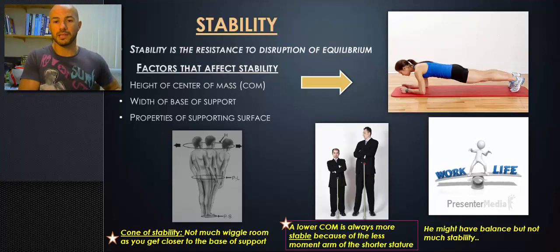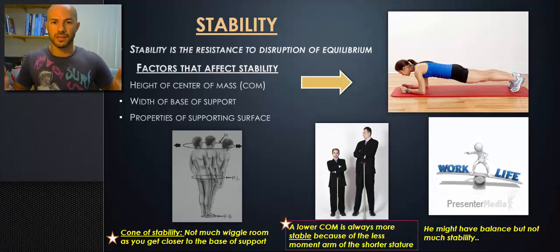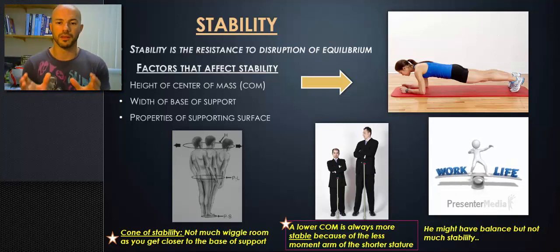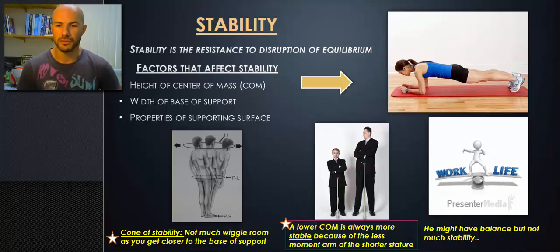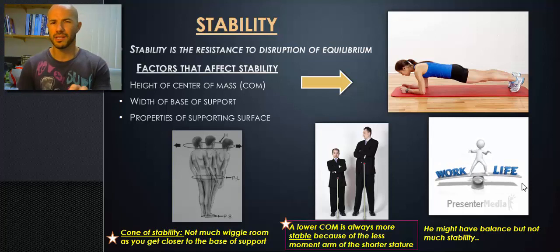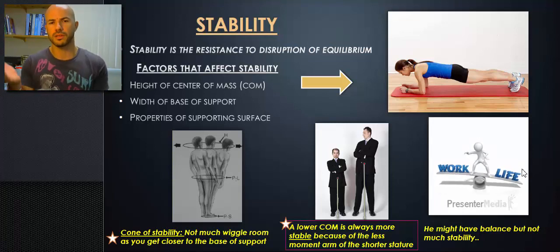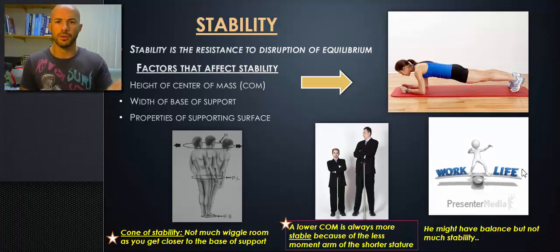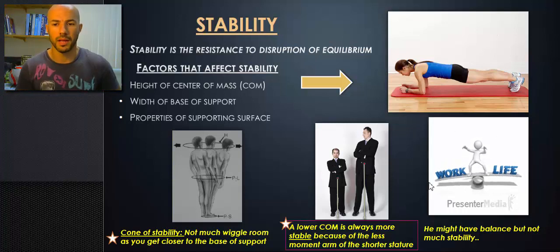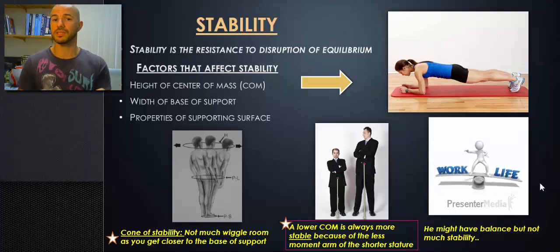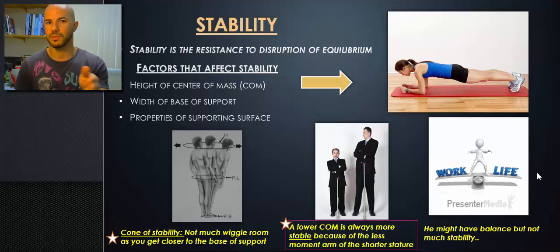Stability is the ability to resist the disruption of that balanced state. So if you remember this guy who's trying to balance work and life, he's got some balance, because the system is constantly in motion. This is a dynamic balance situation. Is he stable? He has the balance. He's not falling off.